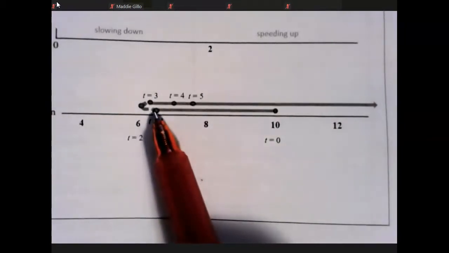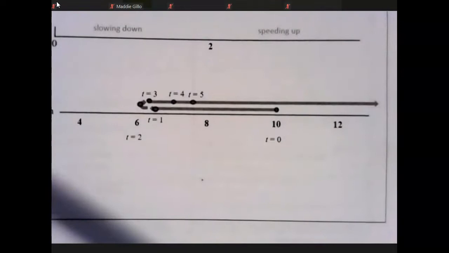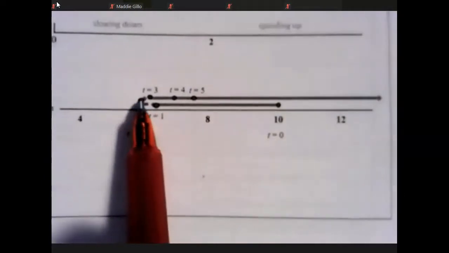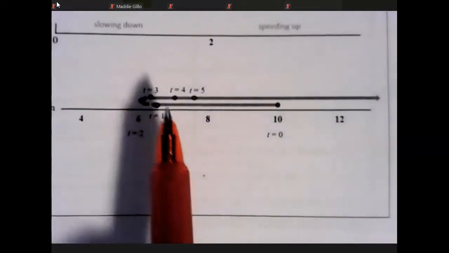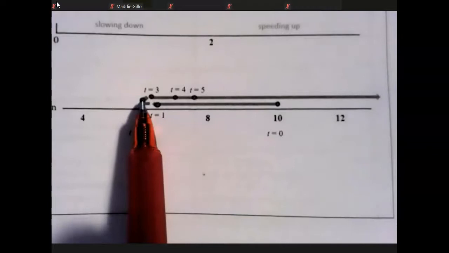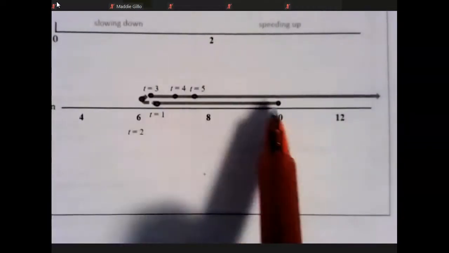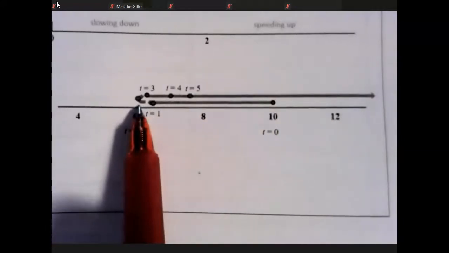Sorry, not negative. But then we know that at 2 seconds, it starts to move to the right, so it's going to change direction. At 2 seconds, it's at 6. So it starts at 10, goes to 6, moving left.